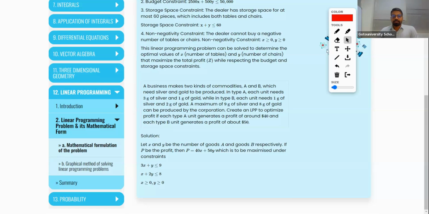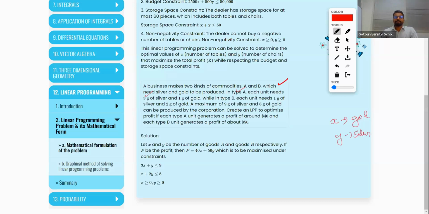A business makes two kinds of commodities, A and B. Okay. Which need silver and gold to be produced? Remember this. They are making jewelry. In type A, each unit needs 3 gram of silver and 1 gram of gold. Let X be the number of grams of gold and Y be the silver in grams.